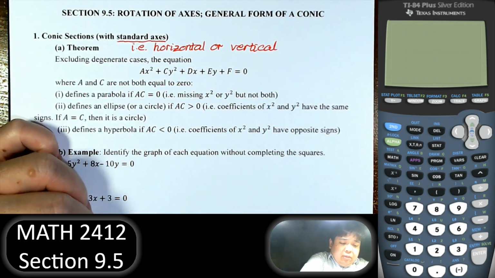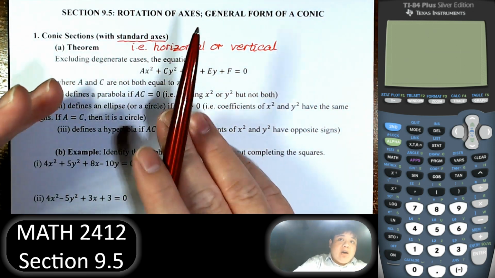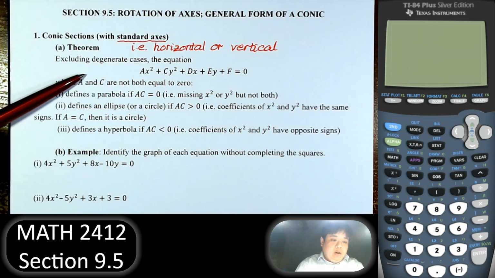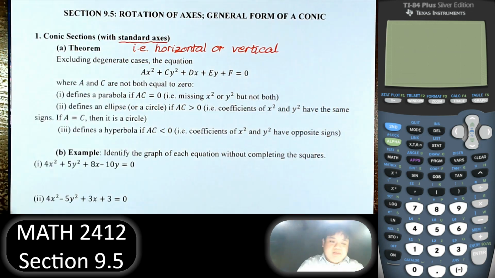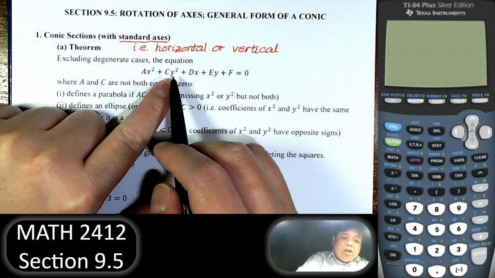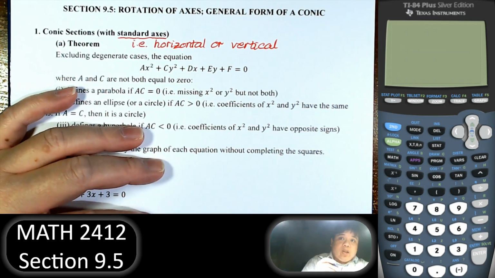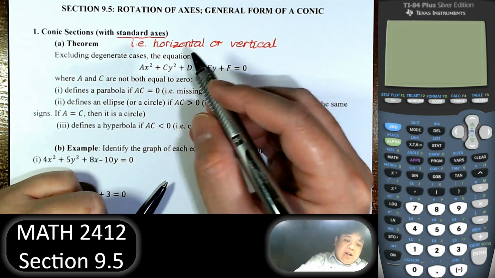Now, later on we will have axes that are not horizontal or vertical. But for now, if we look at the equation in this form, don't have to memorize this. We have some x squared, some y squared, and then x, y, and F. What is missing is the xy term.